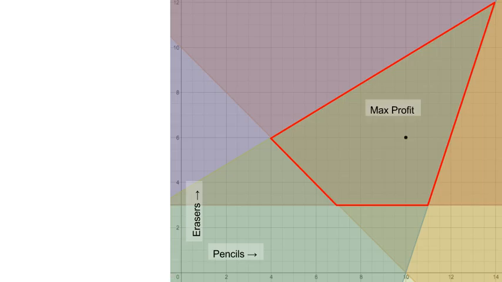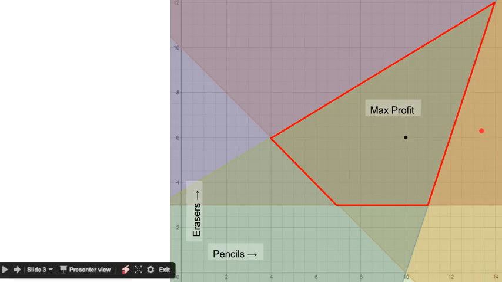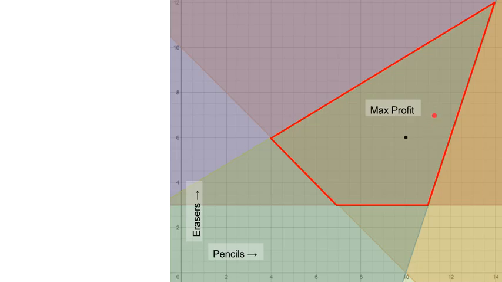If we're trying to maximize profit, well, it should be obvious that it's not the best, because it should be better to sell more pencils and more erasers. So if we go in this direction here with our point, we will be increasing profit, because we will be selling more pencils and more erasers. Well, we can keep saying that until we get all the way up to this tip over here.